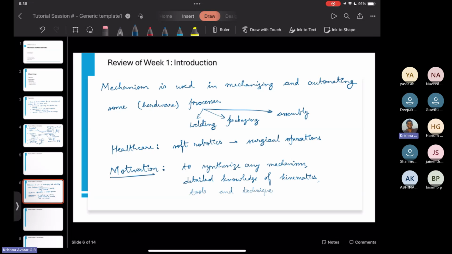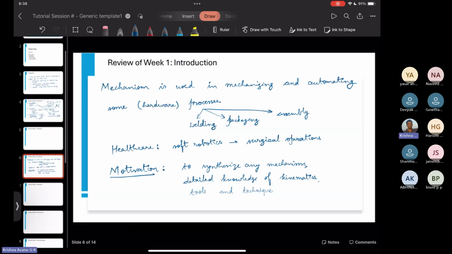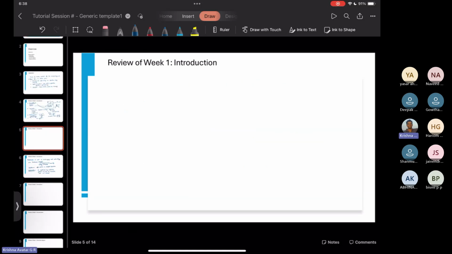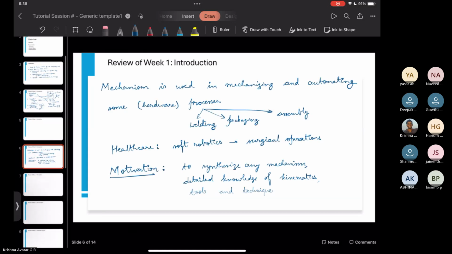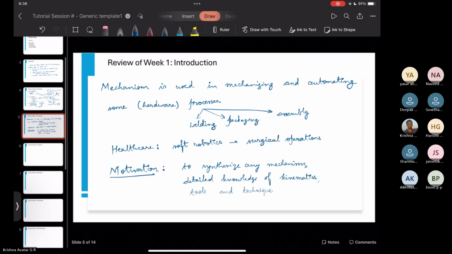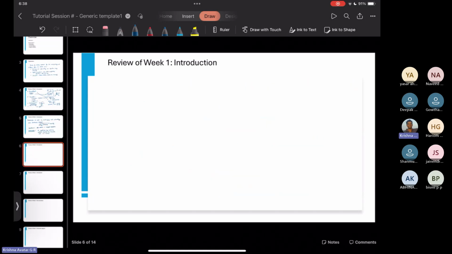So what I'll do is present some terminology here, which I believe was not discussed during the lectures. Say you have some mechanism.